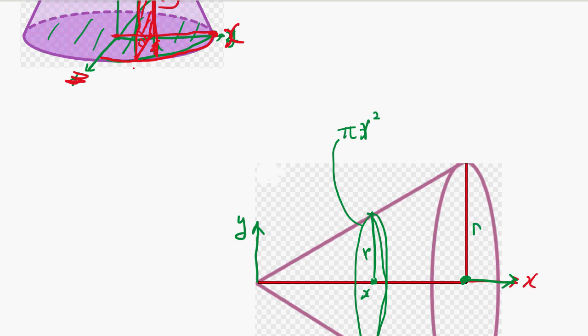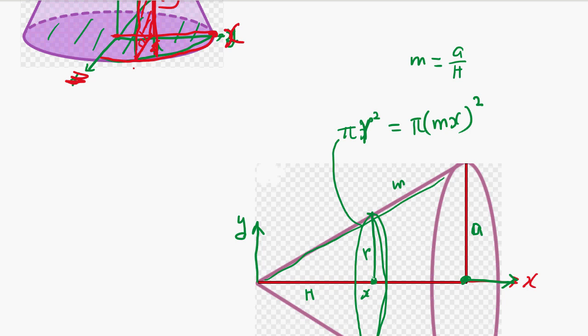Since this is a and this is h, this curve has a slope of m. M equals what? A over h, right? And this r is going to be mx, so pi mx square.